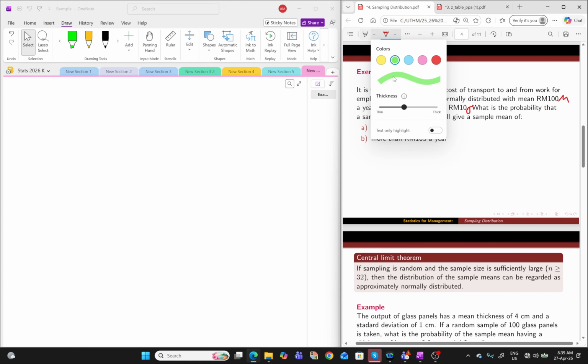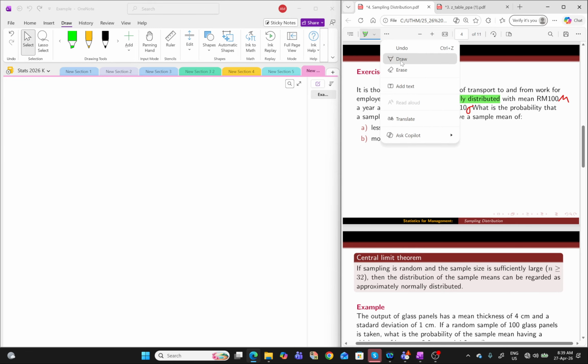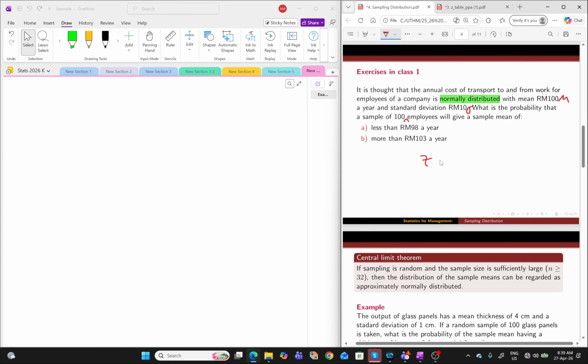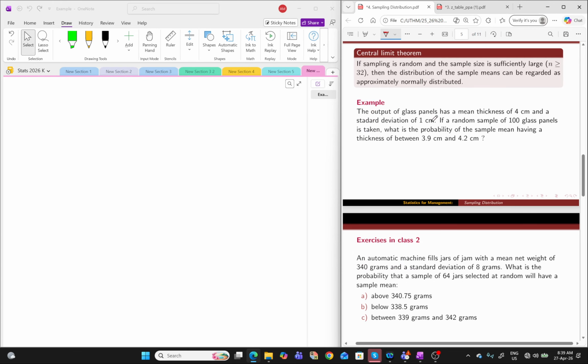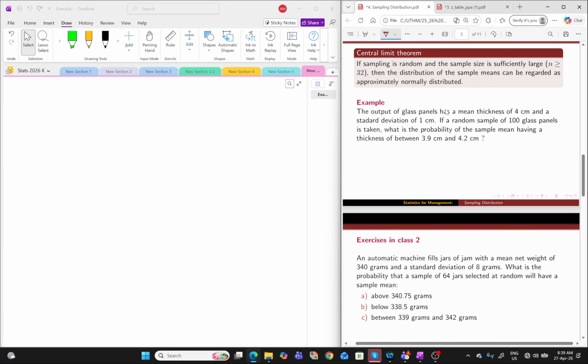Here also we have the word normally distributed, so we can still use the Z table, we can use the method. But in this example, is there a word normally distributed? Tak ada. Now the question is, can we use the Z table or not? Can we consider this as normal distribution?